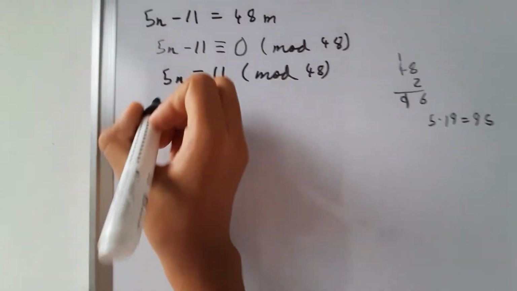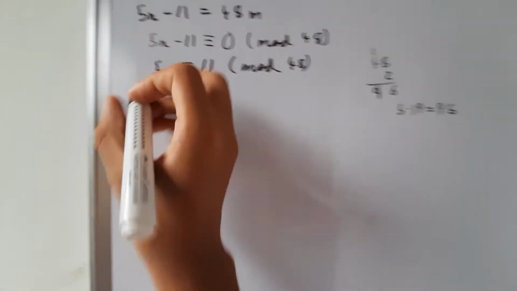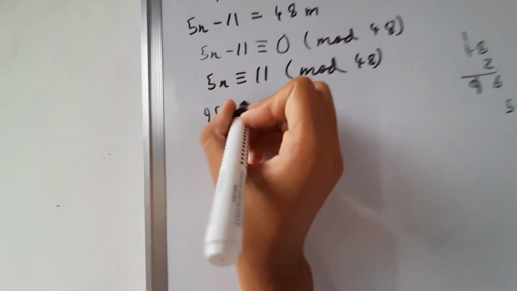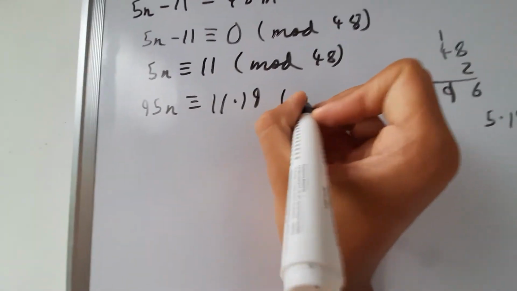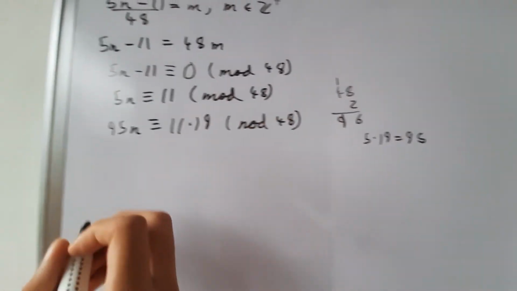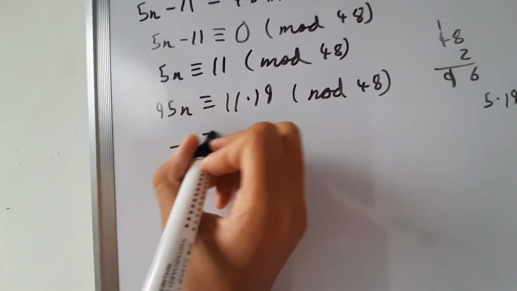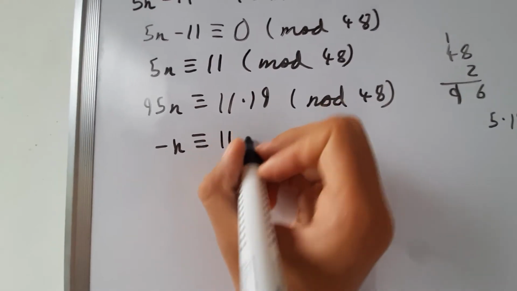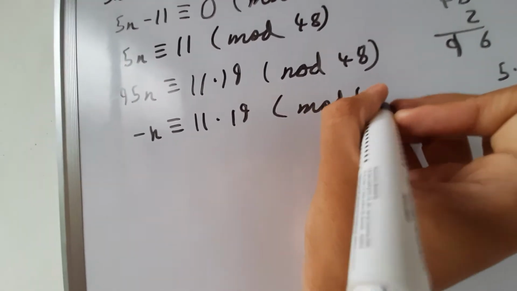So what we get here is 95 n is congruent to 11 times 19 mod 48. Now 95 is congruent to minus 1 mod 48. I hope you know what negative congruences mean in this stuff.